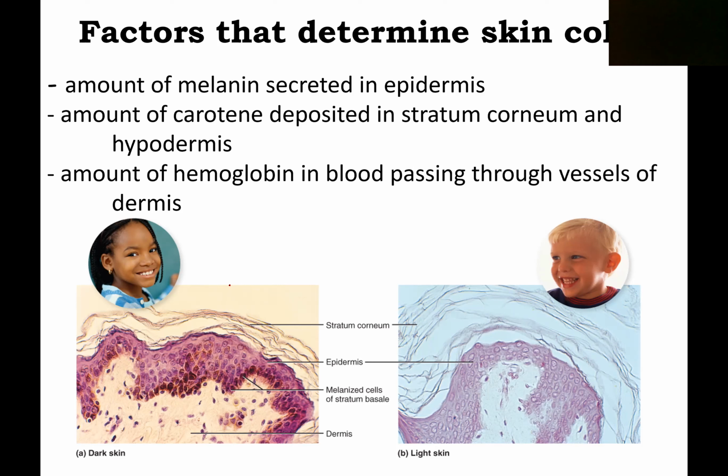There are things that regulate the amount of melanin production, and that is not what we're here to discuss. So, lots of melanin, very little melanin.